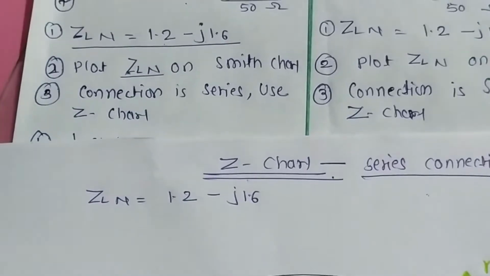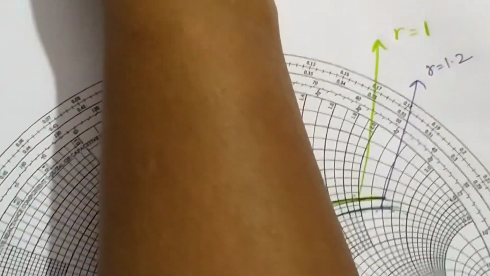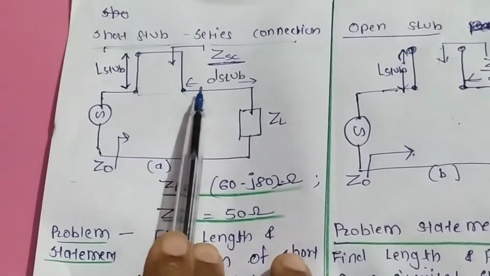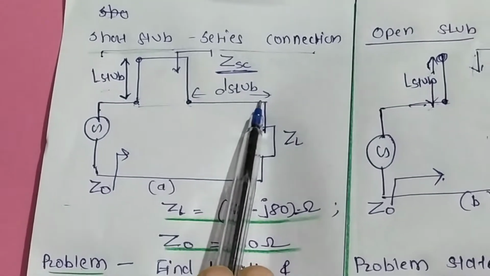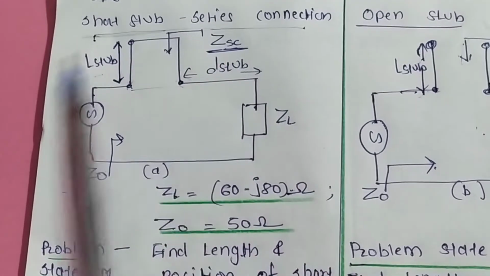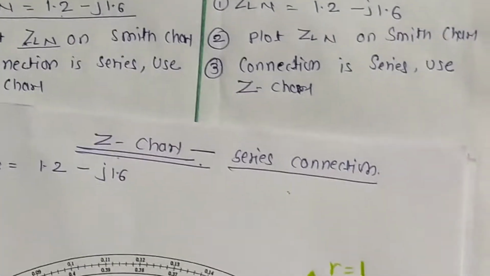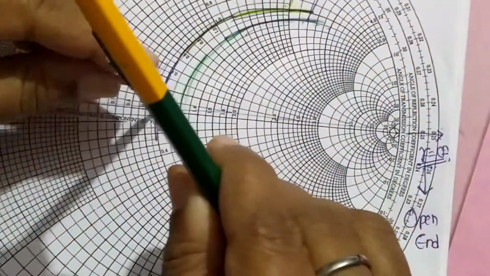Now our aim is to find the position of the stub and length of the stub. The role of the position of the stub is to compensate the real part. So what we are going to do? First, as usual, draw the constant VSWR circle.